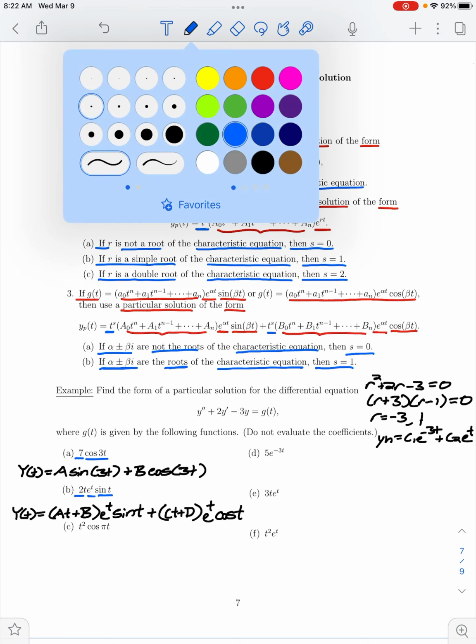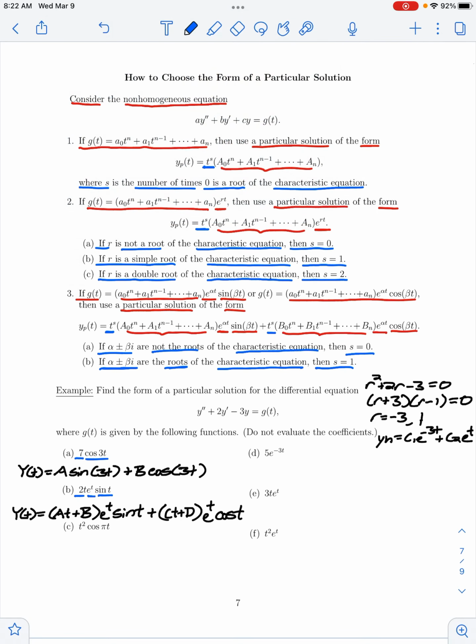Now in part C, our g of t function was t squared, so a quadratic or second degree polynomial, times cosine of pi t. So we would take, for the particular solution, a general quadratic, say at squared plus bt plus c, times a cosine or sine function.